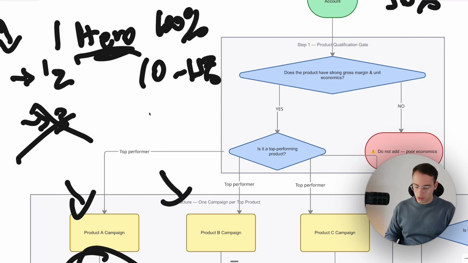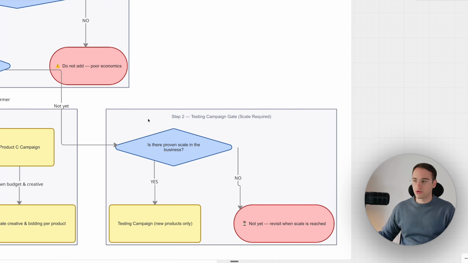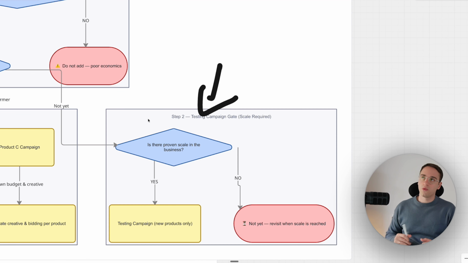Once we start having some green shoots, step 1 of that process, which I like to do a lot, is add a testing campaign. This is going to be game changing. A lot of people, when they're trying to expand internationally or add multiple products, find it very easy to add another campaign with just creatives.